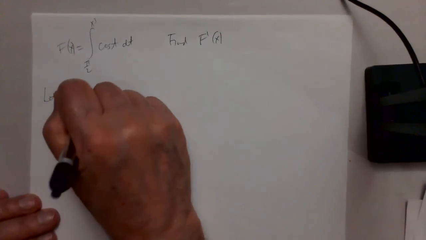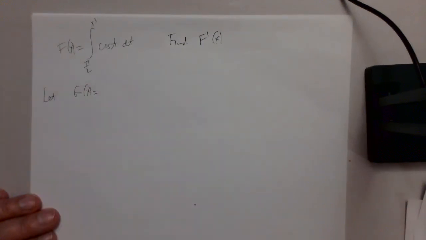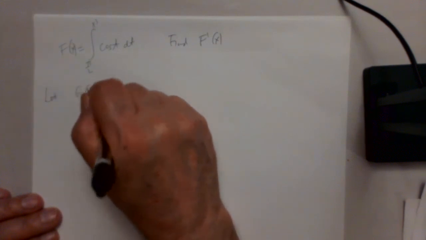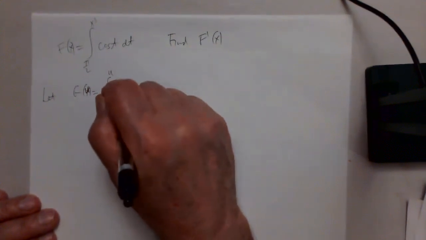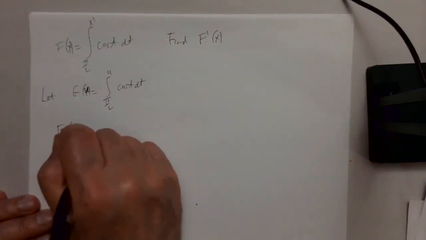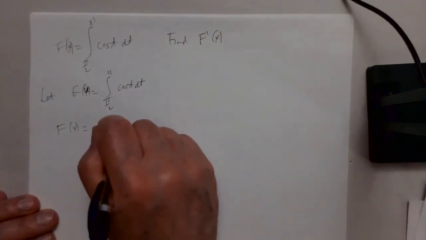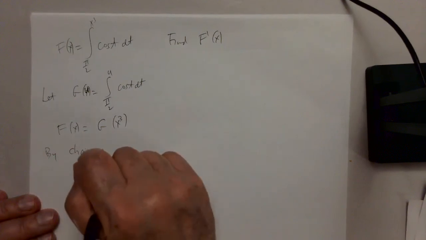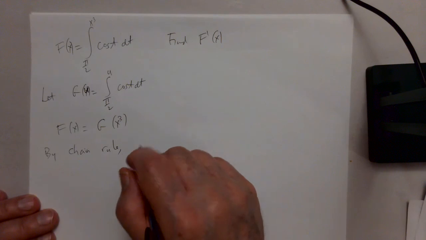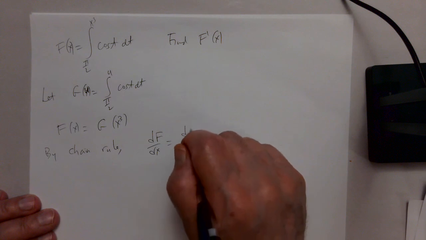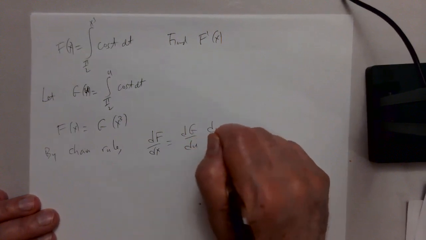Suppose we let g of u be equal to the integral from pi over 2 to u of cosine t dt. So F of x is g evaluated at x cubed. So by the chain rule, dF/dx is dg/du times du/dx.